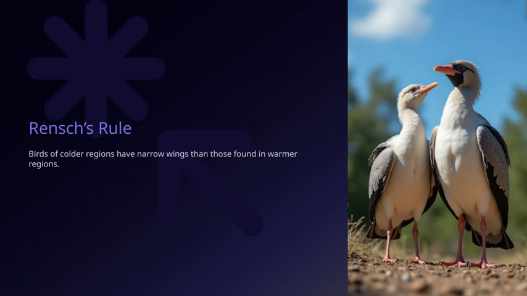Understanding these patterns is important because it shows how species adapt morphologically to their habitats. It's a fascinating example of how environmental factors shape physical characteristics to optimize survival and efficiency. So, in essence, the narrow wings of birds in colder regions are a perfect illustration of how natural selection tailors anatomy to meet specific climatic challenges.